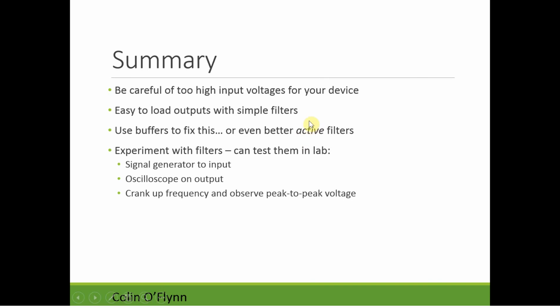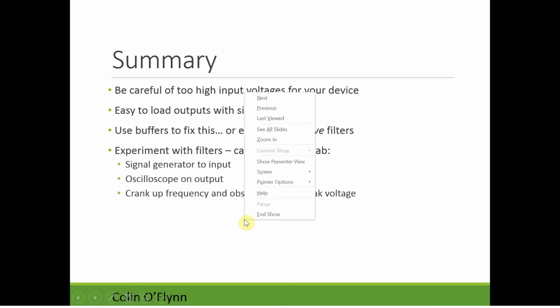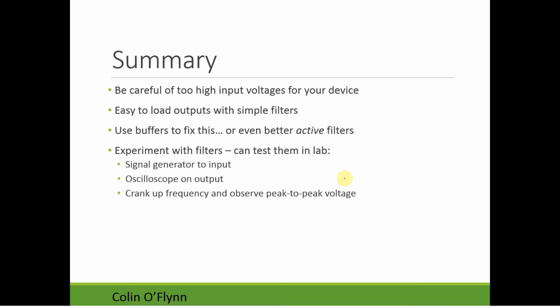And the final thing is to be careful of the input voltages when you're connecting your filters or op-amps to your AVR. The filters or the op-amps will hypothetically generate higher voltages if you're powering them from a higher voltage source than that 5-volt system, and that could cause damage to your device, so you should be very careful and use the protection diode with a series resistor to prevent that.